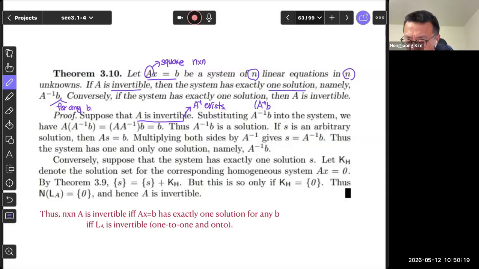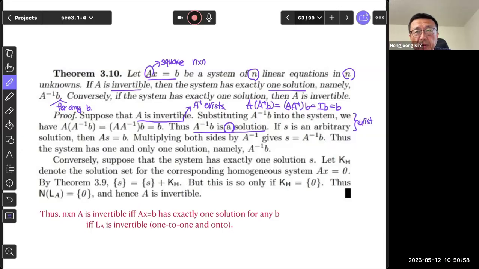For this vector, if I multiply by A, you get A times A inverse times B, which is identity times B, so that you get the B vector. So if I plug A inverse B into the problem, the equation is satisfied. So A inverse B will be one of the solutions, right? These two lines show the existence of the solution.